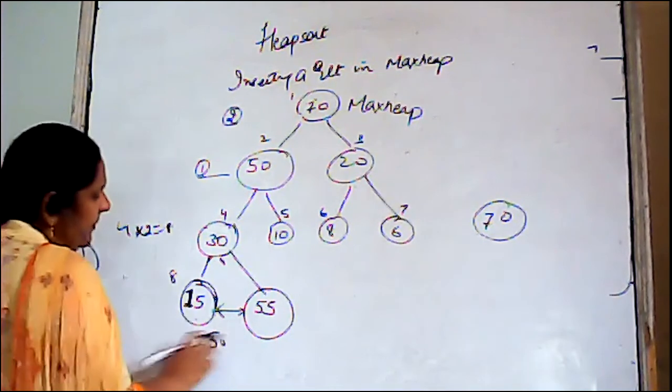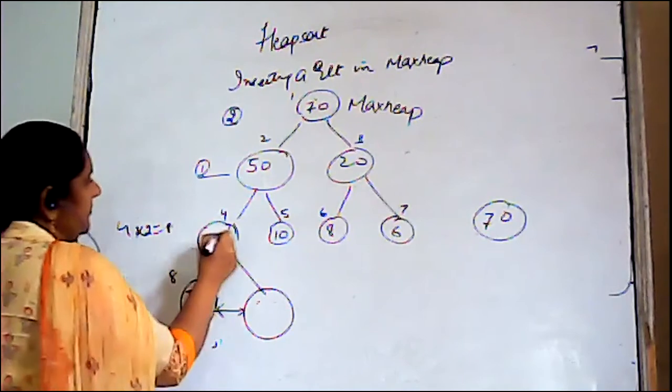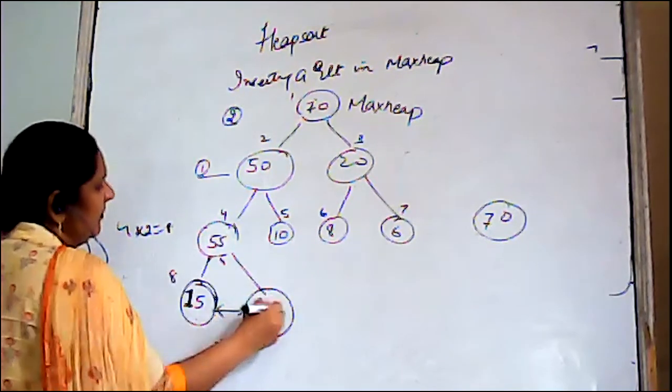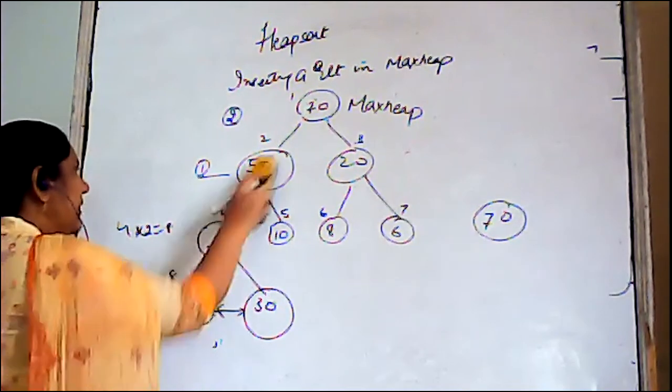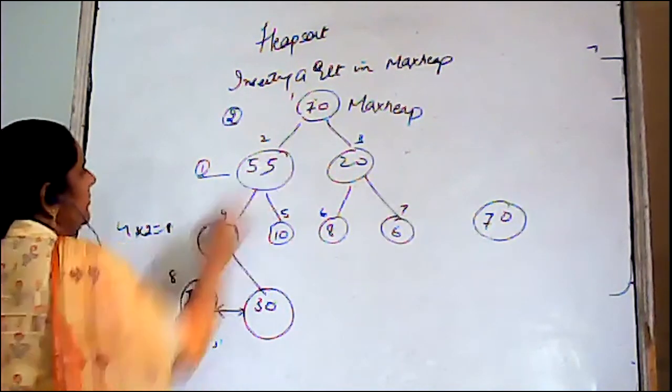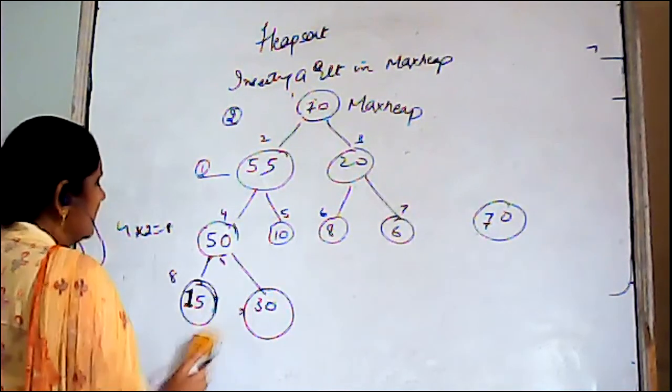So swap 30 and 55. 55 will come here and 30 will come here. Now it is again not satisfying the max heap property. Then 55 will go up and 50 will come down. So this is how it satisfies the max heap property.